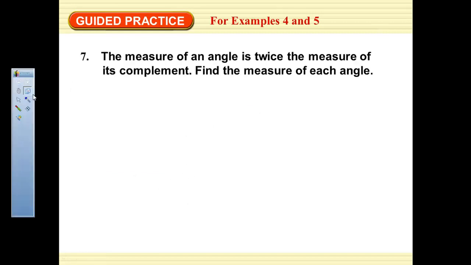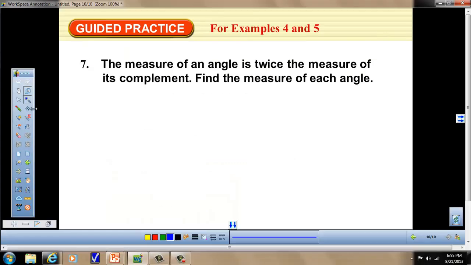This is the last problem I'm going to do for this section, and I need you to take notes on this. Make sure you write this down. In order to do a problem like this, the easiest way to do it is to name certain things. I'm going to call X an angle. Now watch what I do.